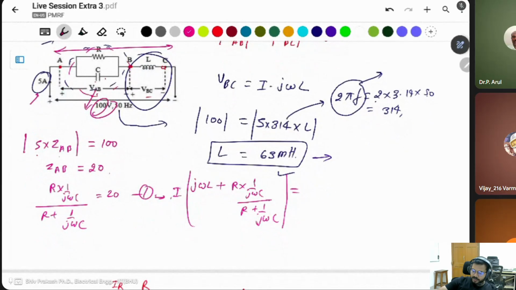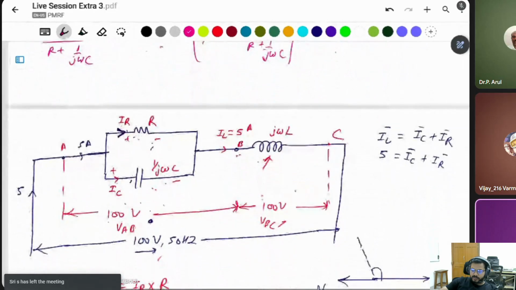Then there are two equations. We have to solve these two to find R and C, since L is already found and only R and C are variables. But this will take a long time. That's why I try to solve this question by using a phasor diagram.